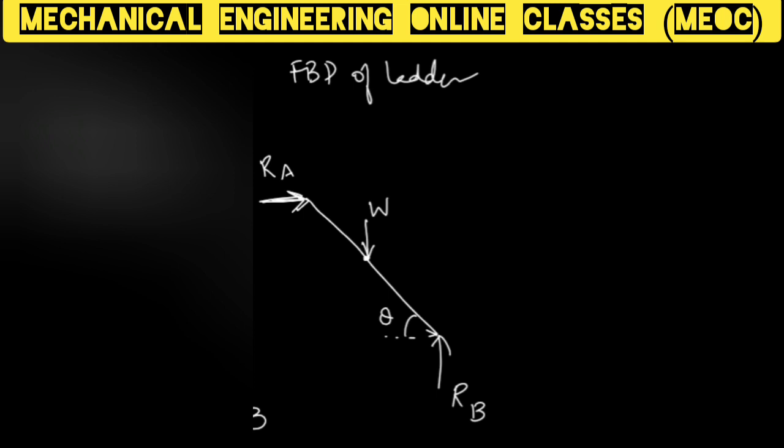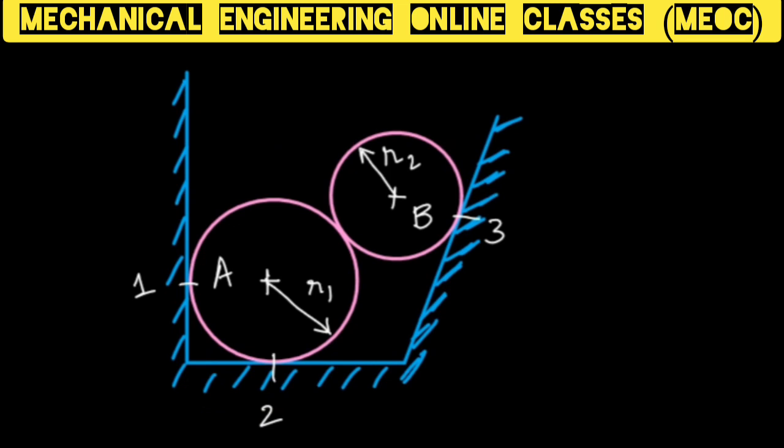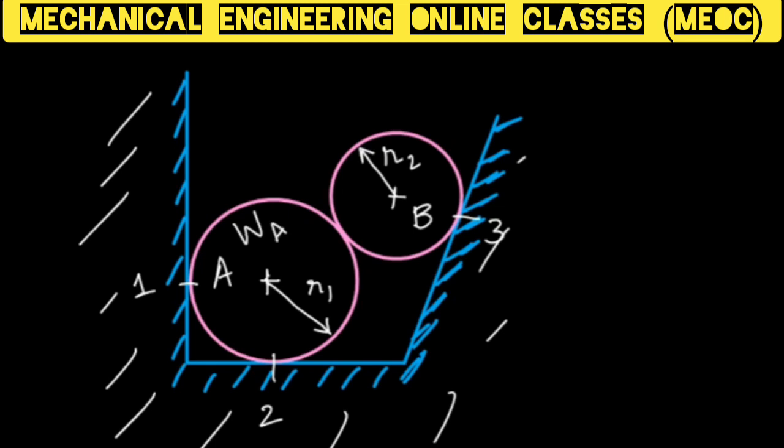So this is one very basic example. The other interesting example is a channel, say two cylinders lying like this. This one is the channel, and the cylinders are in the channel. Cylinder A has weight WA and cylinder B has weight WB.